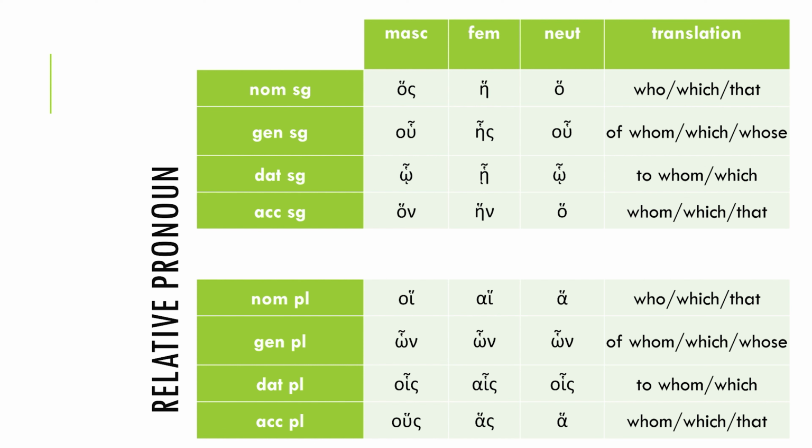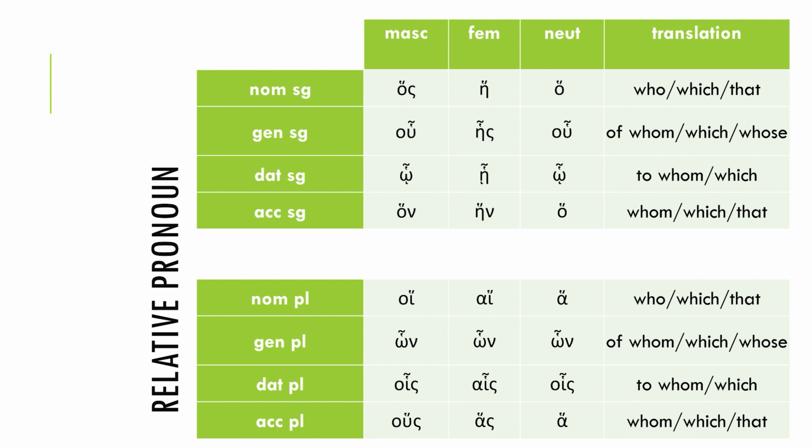In this short lesson, we just talked about what the relative pronoun is. You already know those endings. Those are just the endings that we've been talking about this entire course. Those are the case endings. The only difference that you have to watch out for is that the nominative singular neuter and the accusative singular neuter, instead of having the ν at the end, so it's ὅν, it just has ὅ.